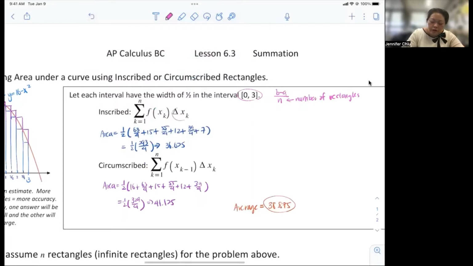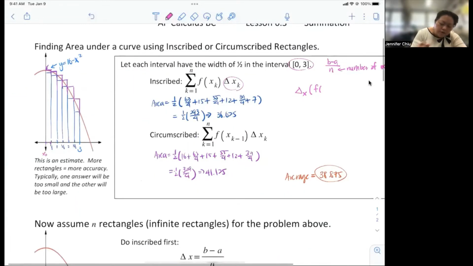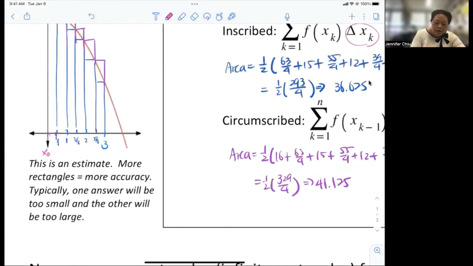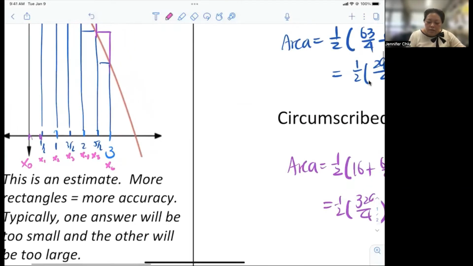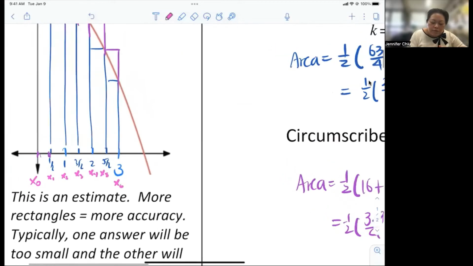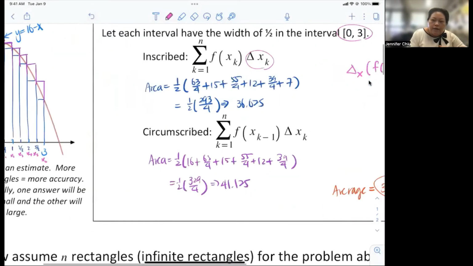Okay, so the area is really taking your b minus a over n, that is your width, and that is your change in x, right? And then times your f values. So f of x0, because that is the first starting point, right? And then x1, x2, x3, x4, x5, and x6, because there are 6 rectangles. So for us, the right-hand side, the inscribed rectangle really started at f of x1, right?